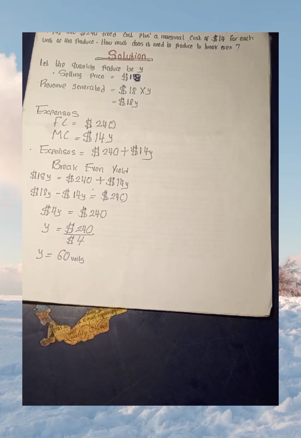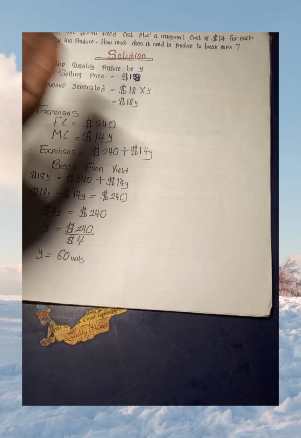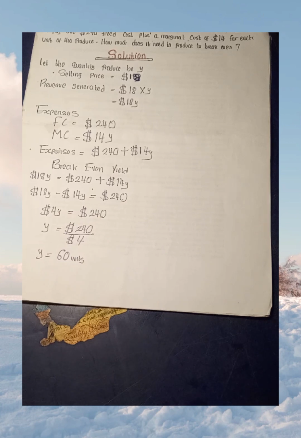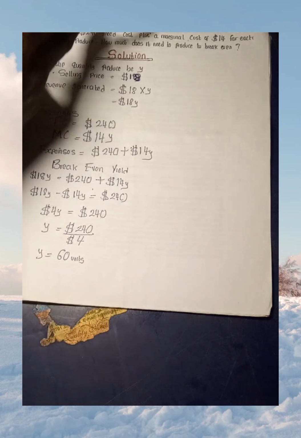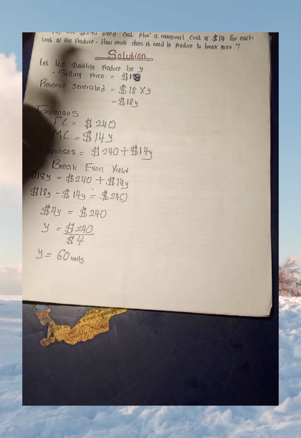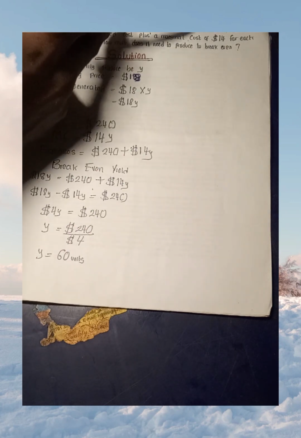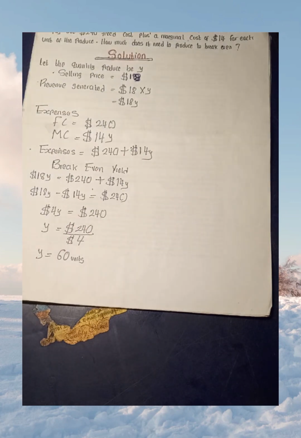Since we said let the quantity produced be y, the quantity that the firm needs to produce in order to break even by selling each unit at this particular price is 60 units. The farm has to produce 60 units of its produce.